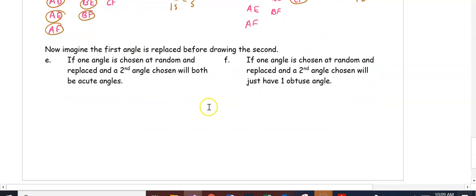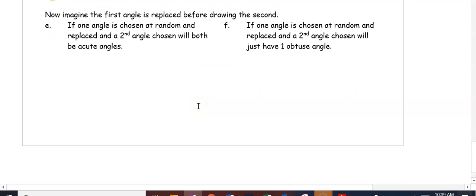In parts E and F, now we want to take an angle and replace it. So when we do that, we need to worry about order. We also need to include having double of the letters.